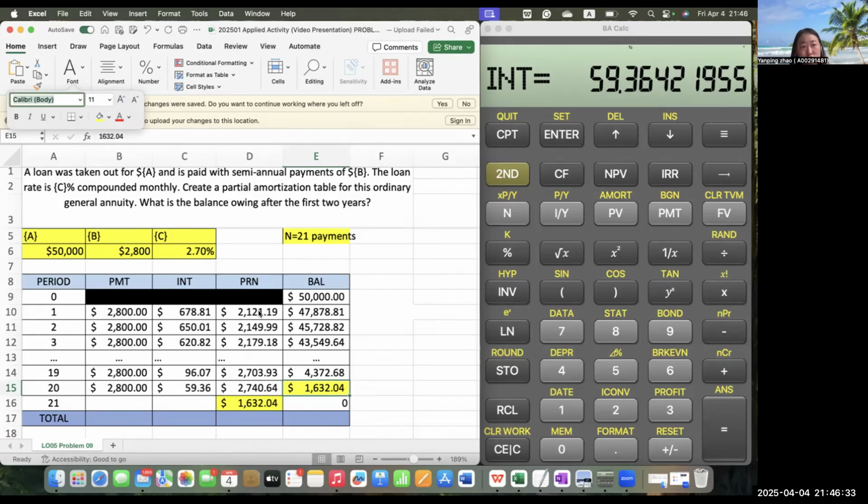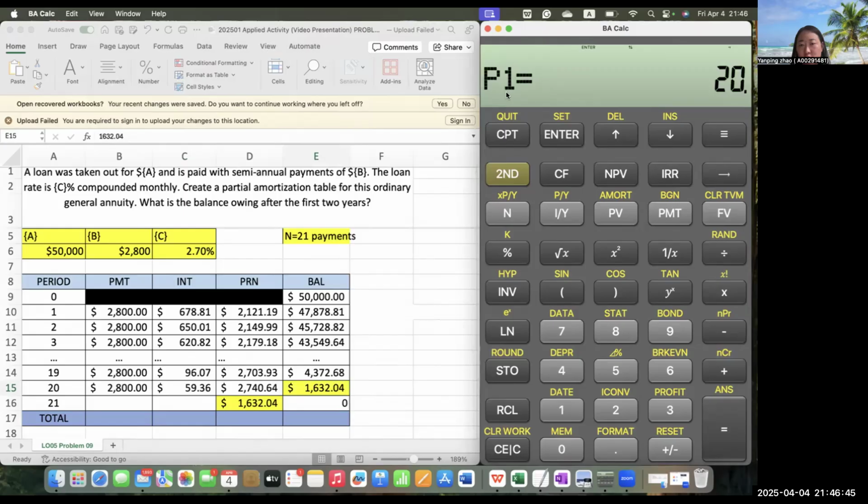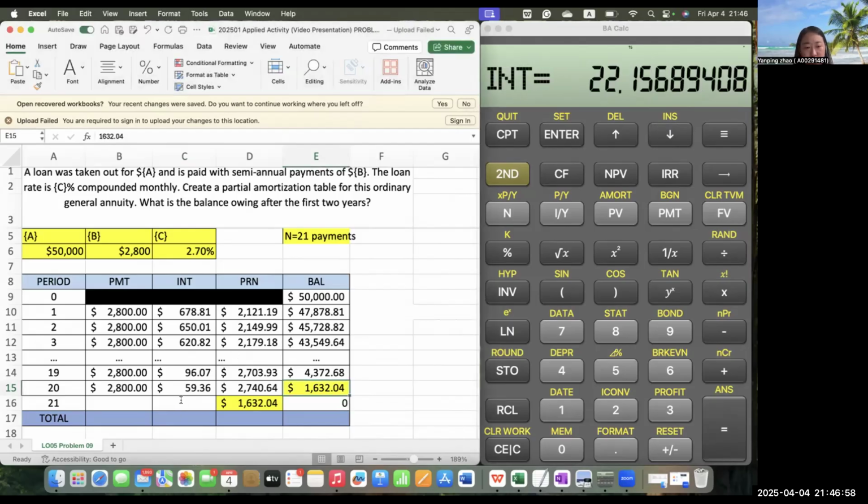Now we have to use our calculator to figure out how much interest we owe on our last interval. So P1 is 21 and P2 is 21, and we got the interest is 22.16.